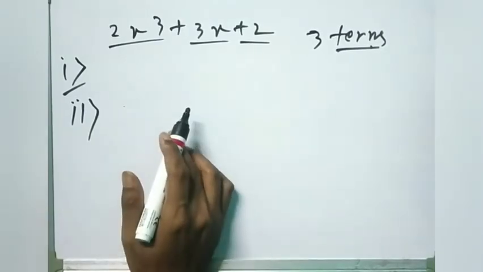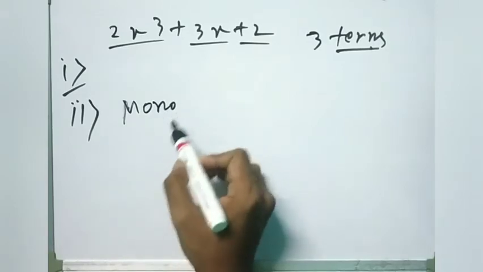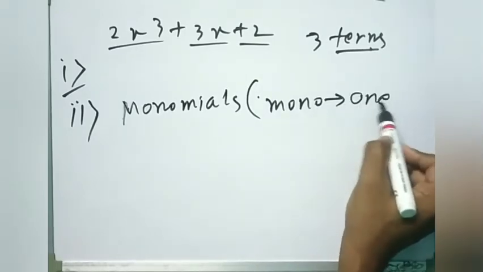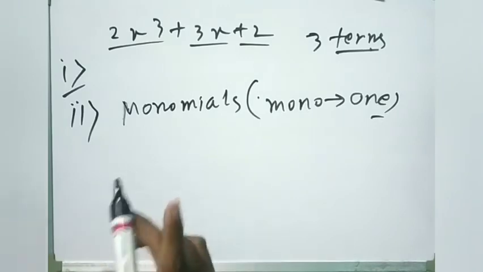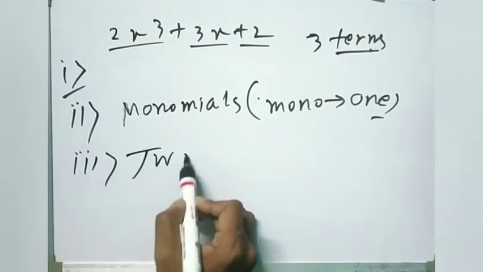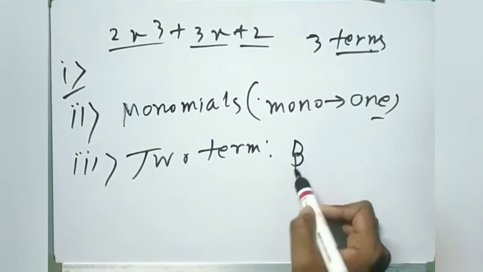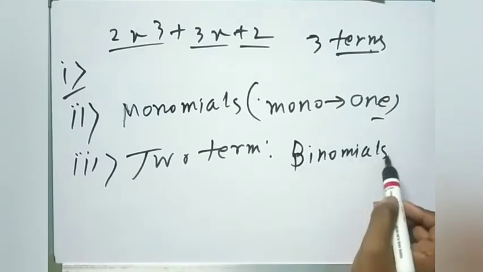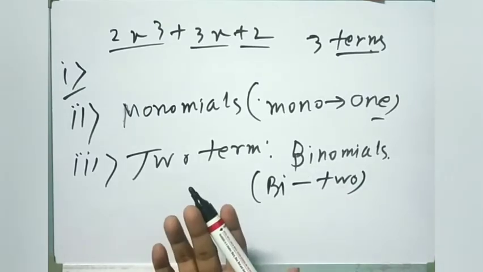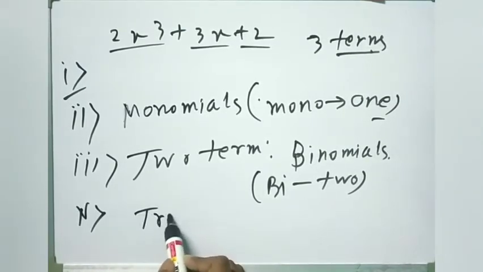The polynomials which have two terms are called binomials, bi means 2, and in the same way, polynomials which have 3 terms are called trinomials.